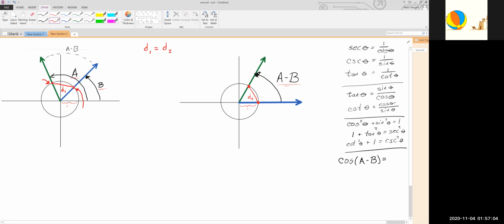We know this point has a coordinate of the cosine of A and the sine of A by the definition of sine and cosine. Remember, the x value is associated with the cosine value, and the sine is associated with the y value in standard position.